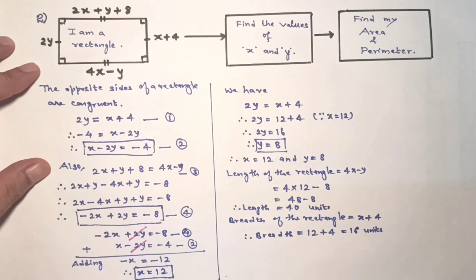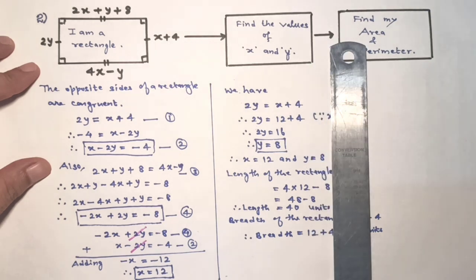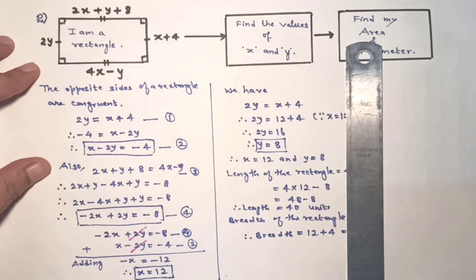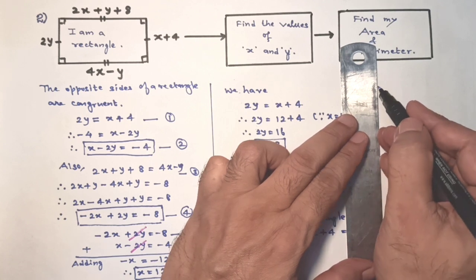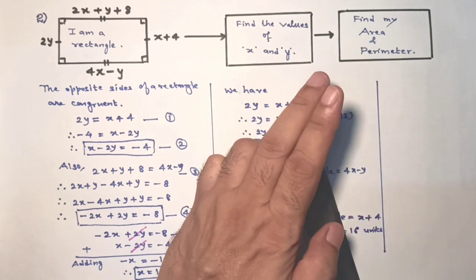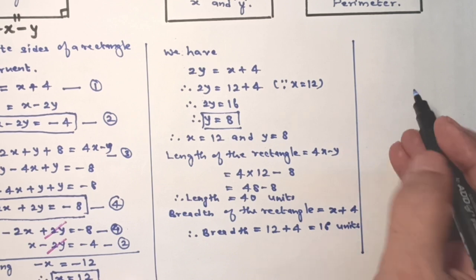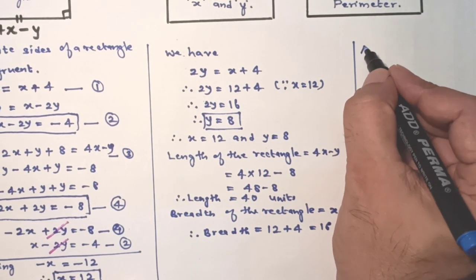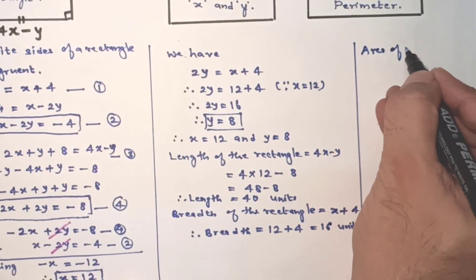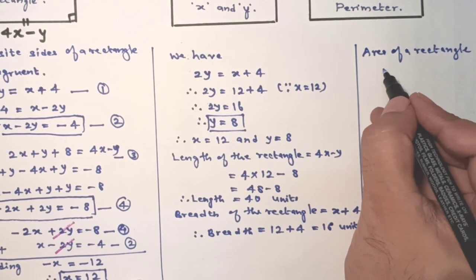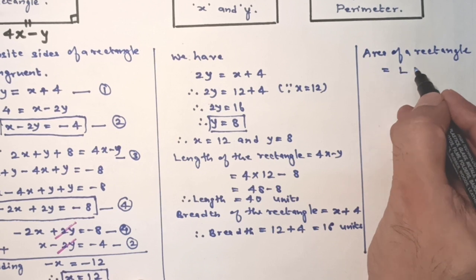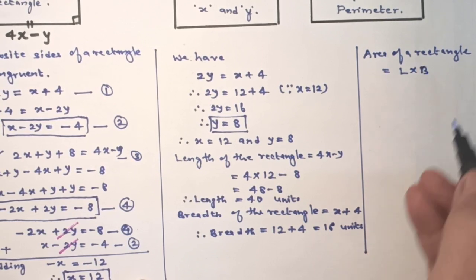Now you have to find out area and perimeter. How to find out area and perimeter? You have to use formula. Now you know area of a rectangle is length into breadth.